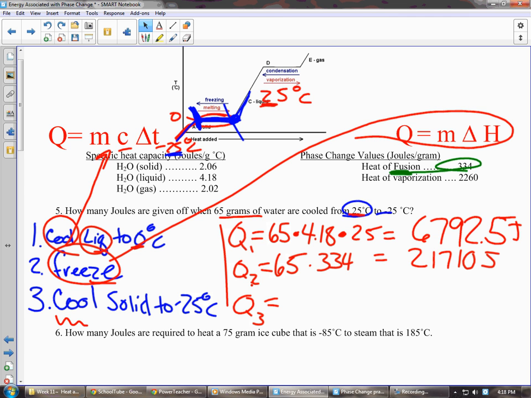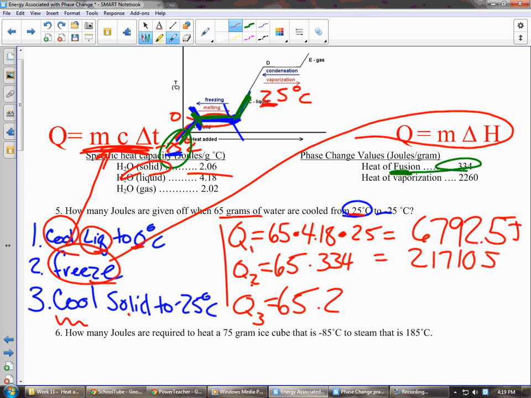And then last but not least, I want to cool. So I have already, let's draw where we traveled here. We cooled down, we froze, now we're here, and we need to cool down to negative 25 degrees. So I'm going to go 65. If I'm cooling, I'm doing MCAT. I'm in a solid, so I'm going to use 2.06. And then I'm going to multiply that. I'm going from 0 to negative 25.